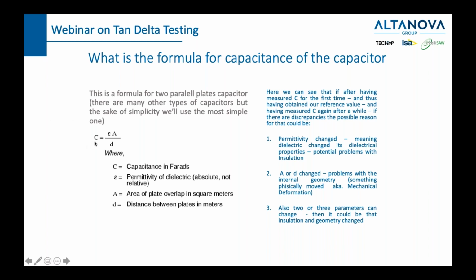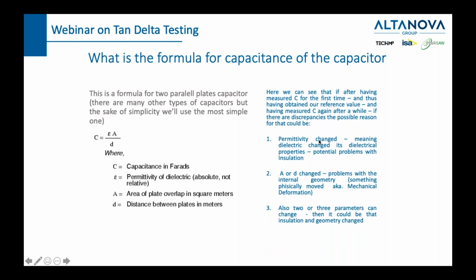So we have capacitance in farads, we have permittivity of the dielectric, and we have the area and the distance between two plates. So we can now observe these three parameters, and if we measure capacitance at one point in time, and then we measure it again after 5 years, and if this number changes, if the capacitance changes, there are a few things that can change.